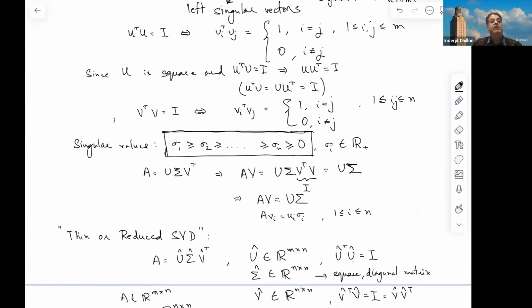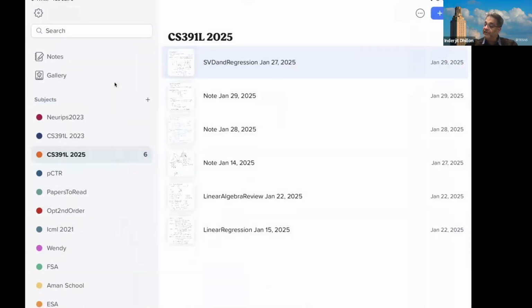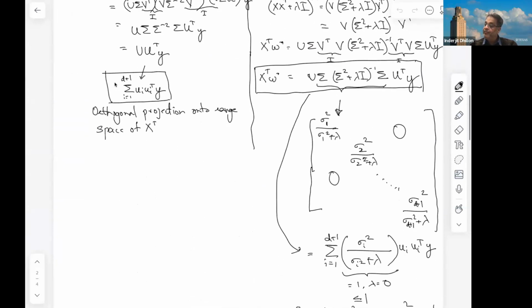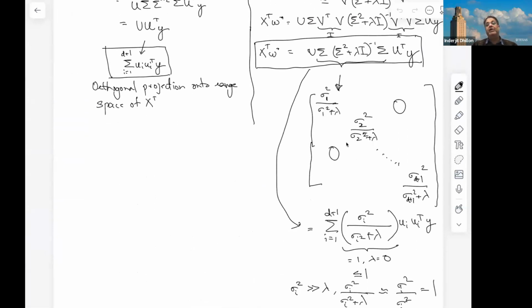You're just removing small singular values. Well, okay. So I'm not sure what you are asking, Ritesh, but ridge regression does not just remove the small singular values and set them to 0. Ridge regression does exactly what I gave over here. It's essentially taking the ith singular value and replacing it by sigma square divided by sigma square plus lambda.